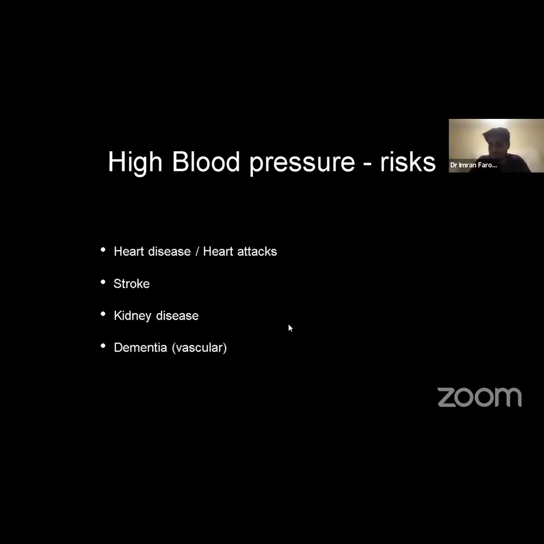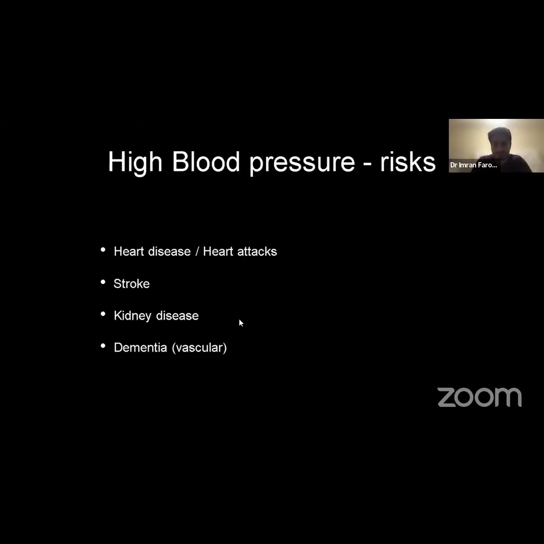Similarly, your kidneys are very much affected by blood pressure. So the strain of blood pressure can affect your kidneys, lead to kidney disease. And I've added maybe one that's not so well known, but there's a type of dementia called vascular dementia. So as we get older, we can lose our memory and cognition again due to blood pressure, or uncontrolled blood pressure, I should say.